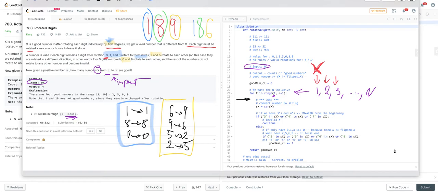So here I do a little explanation. A good number is going to be the one where after you flip it, like this one, actually we can color it so that it stands out. So this one is a good number, because after we flipped it, the flipped one is a different one than our original x.